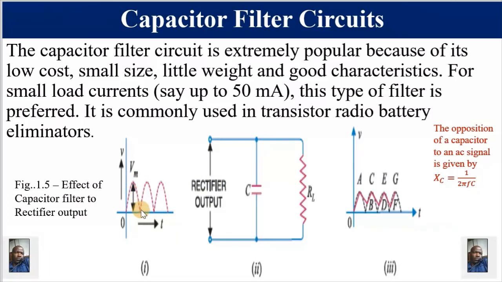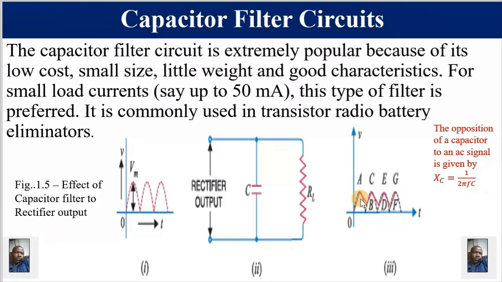But what is going to happen is, after charging the capacitor, the rate at which the capacitor is going to discharge is very slow when compared to the decreasing value of the pulsating DC voltage. The discharging of the capacitor is indicated by this red line, while the pulsations are represented by the dotted lines.